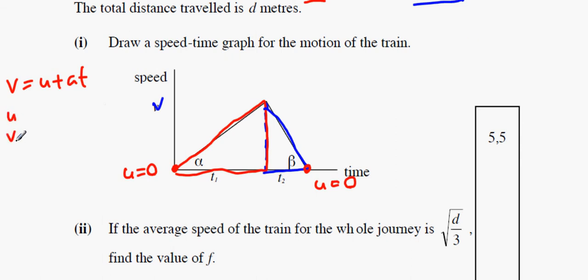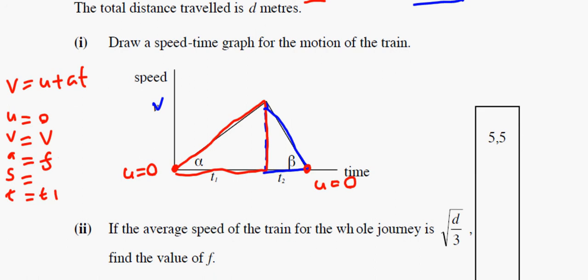Okay, where we can say that u is 0, v is v, a equals, what does a equal? a equals f, if I'm correct. And then we can say s equals we don't know what, and t equals t1. That's for the acceleration.